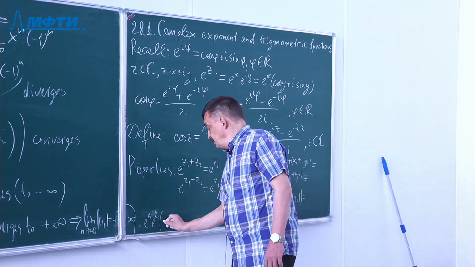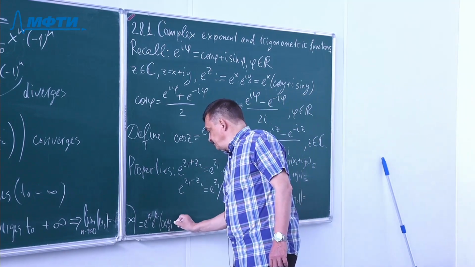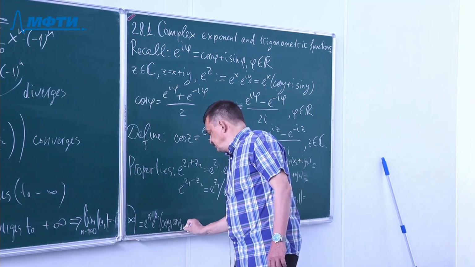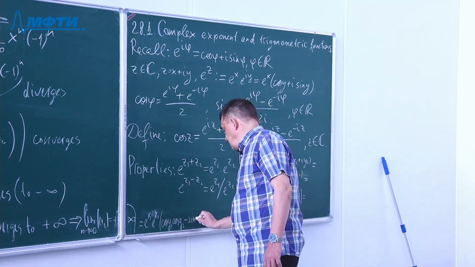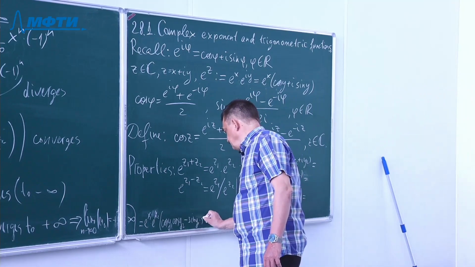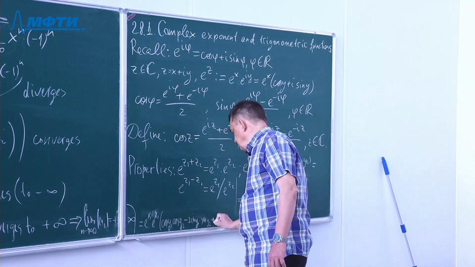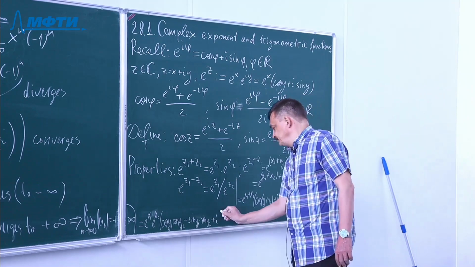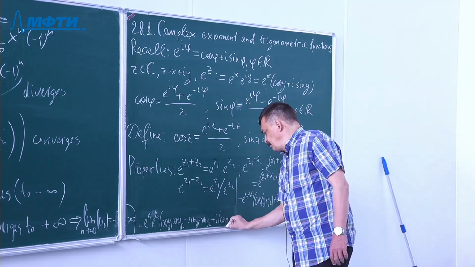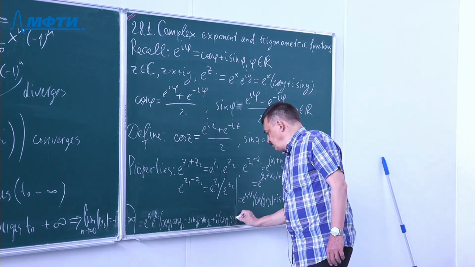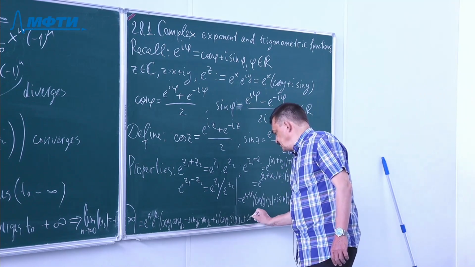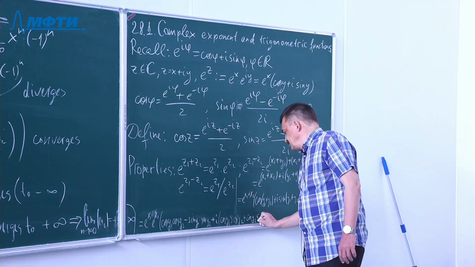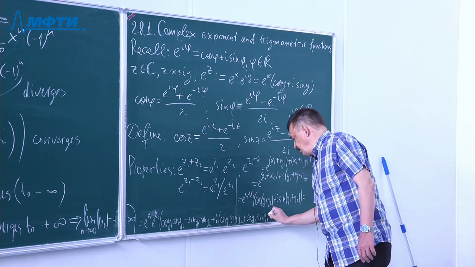And here cosine y1 times cosine y2 minus sine y1 times sine y2 plus i times cosine y1 sine y2 plus cosine y2 times sine y1.